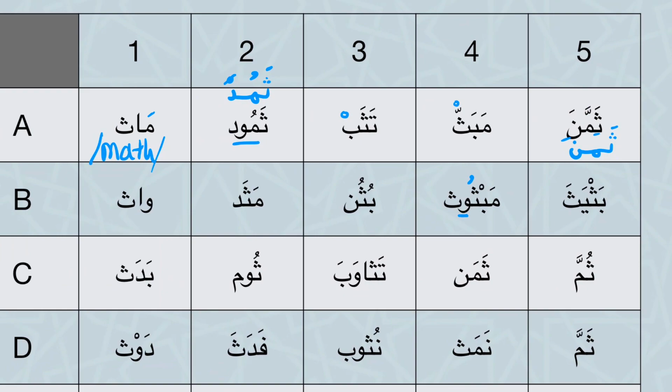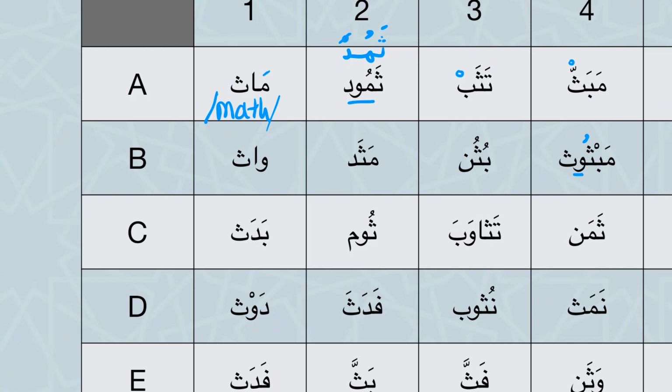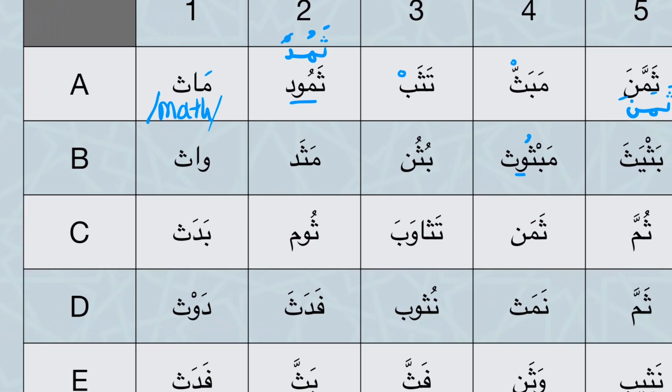If you cannot produce this sound, you will eventually be able to do it if you practice it enough, if you hear it enough, and if you try to bring the tip of your tongue underneath your front teeth. So row C. Anyone wants to take row C or give it a shot?